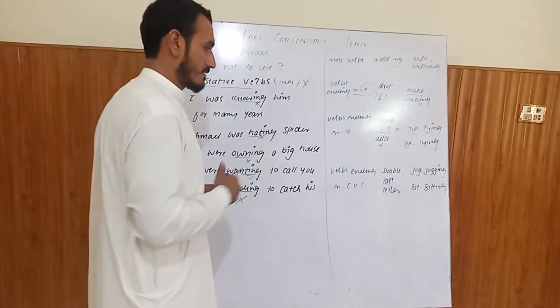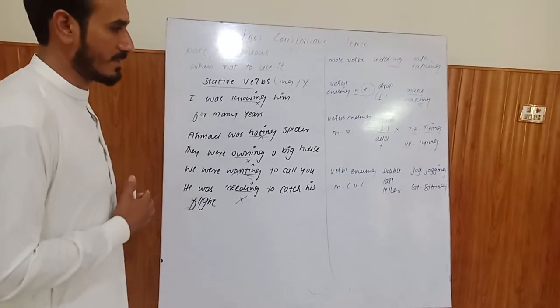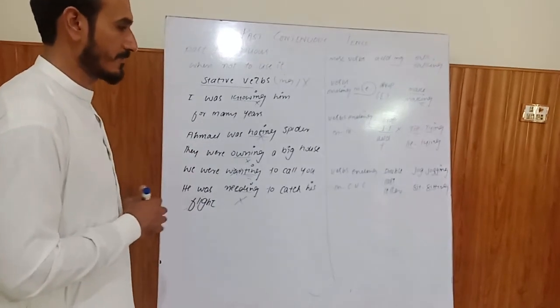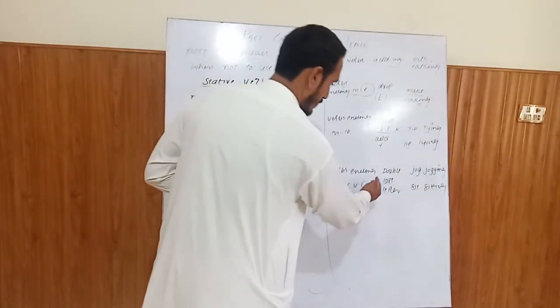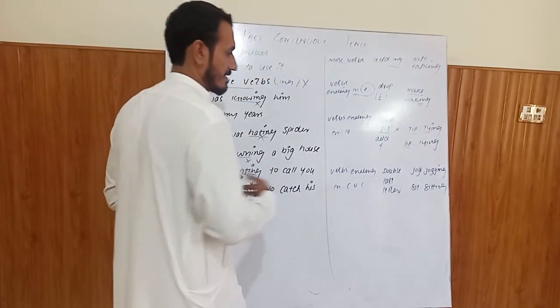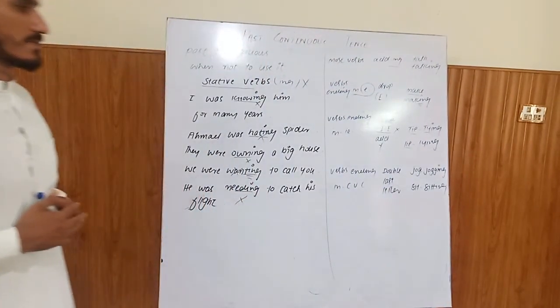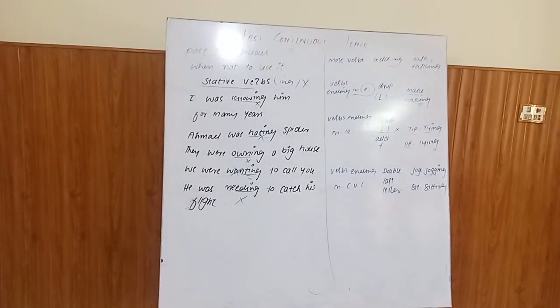For example, jog: J-O-G. J is a consonant, O is a vowel and G is a consonant. So what I have to do is double the last letter. Jog, jogging. Clear?